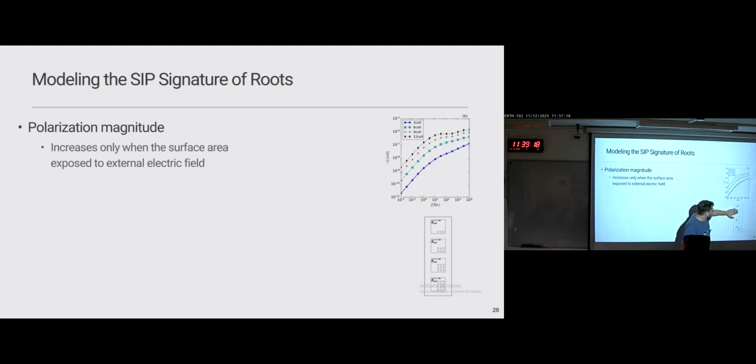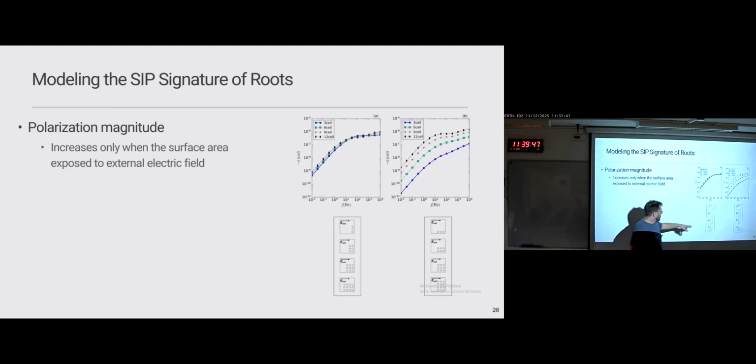And each time we add the cells perpendicular to the field. Okay, so the cells directly exposed to the field. Here, 1 cell, 2 cells, 3 cells, and 4 cells. Okay, so we increase the number of cells directly exposed to the external field.